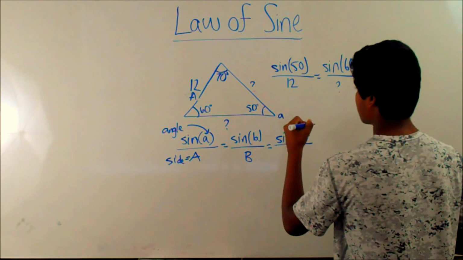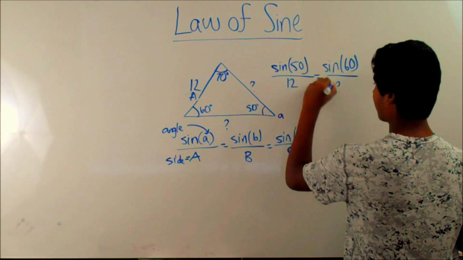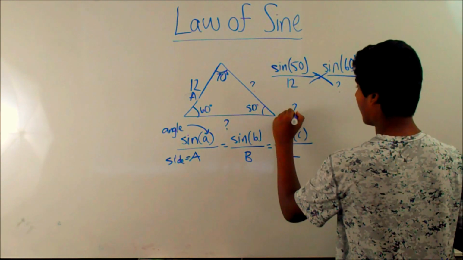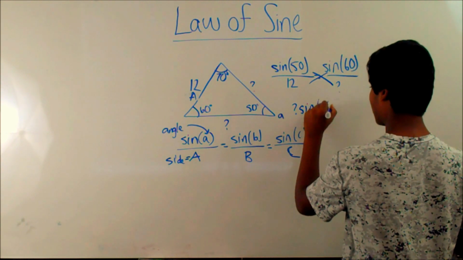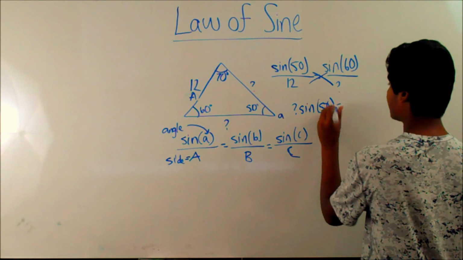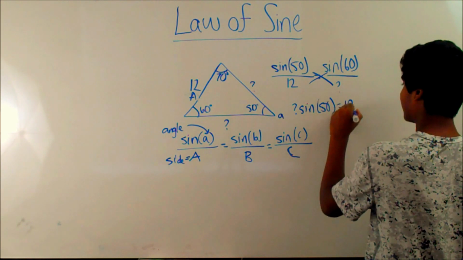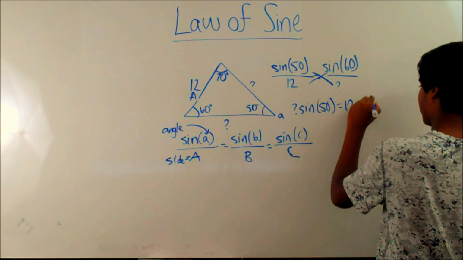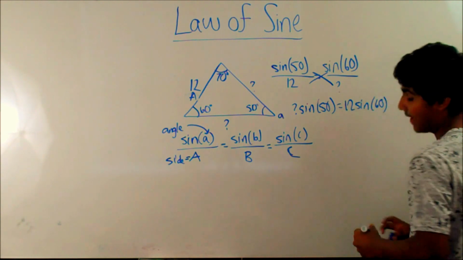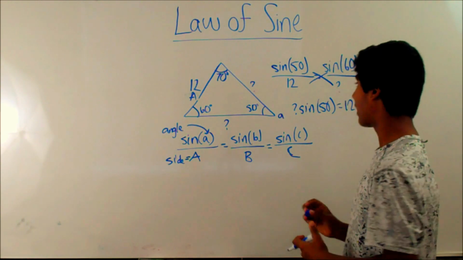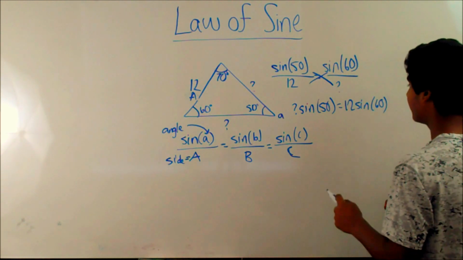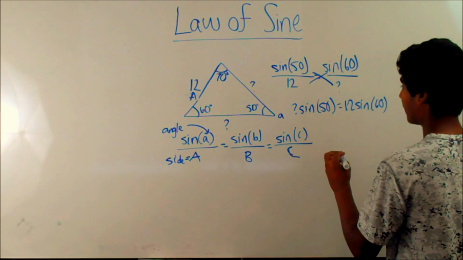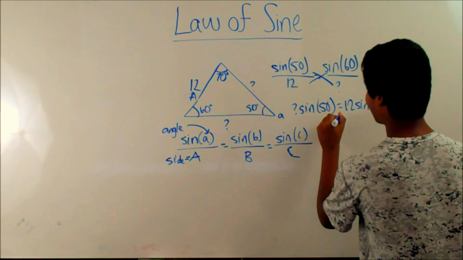Well, first of all, we cross multiply. So we have question mark sine 50 is equal to 12 sine 60. And if you don't know what cross multiplying is or how to do it, you can go to our other video. So after this, we divide by sine of 50.